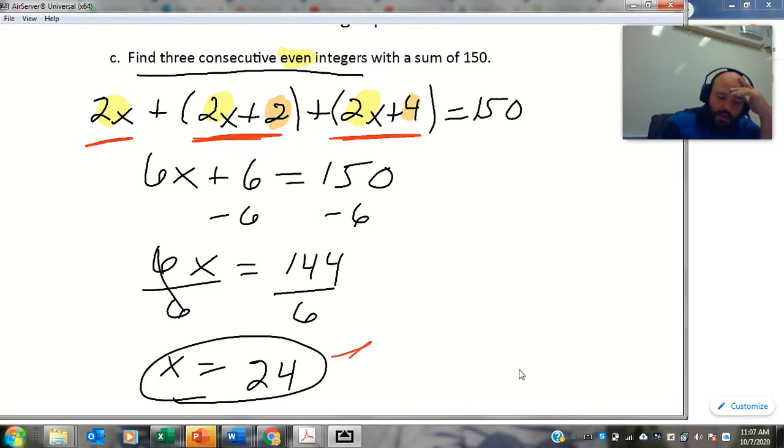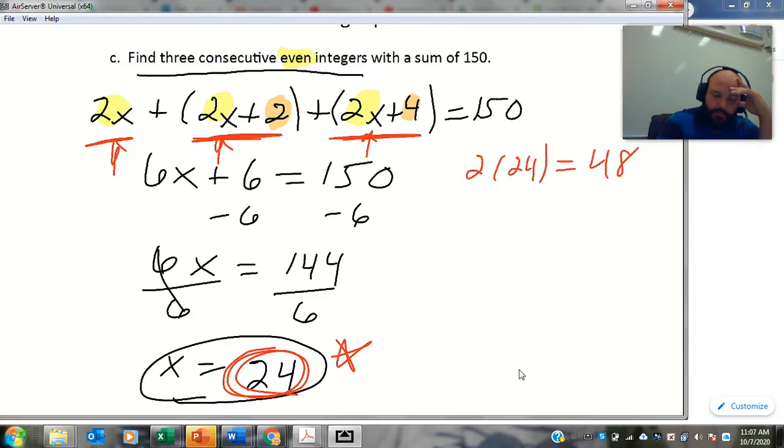So this right here is x. We have to put this 24 in for each of these x's to actually come up with what the three numbers are. Okay, so the first one, for 2x, 2 times 24, is 48. So there's our first one. And then we need even numbers after that.